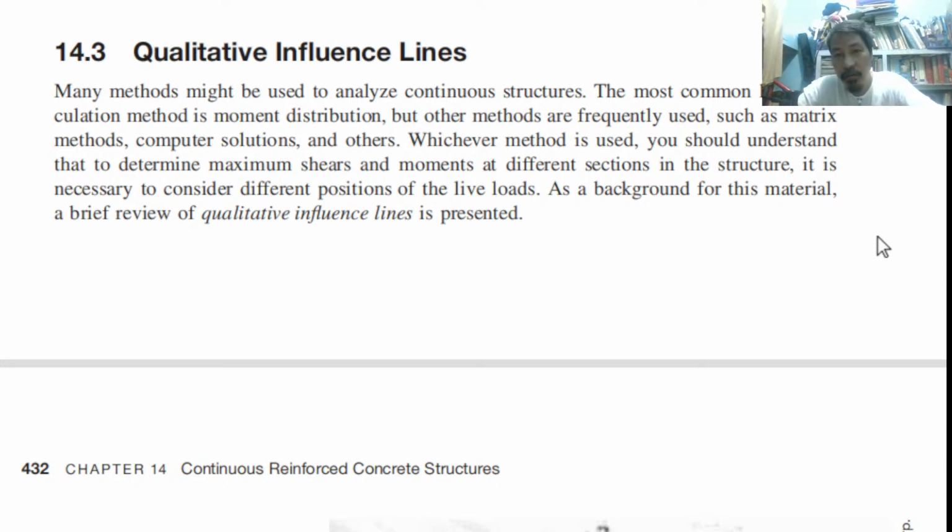Recall the moment distribution method, MDM, or the modified moment distribution method, MMDM. So, we studied so many methods.